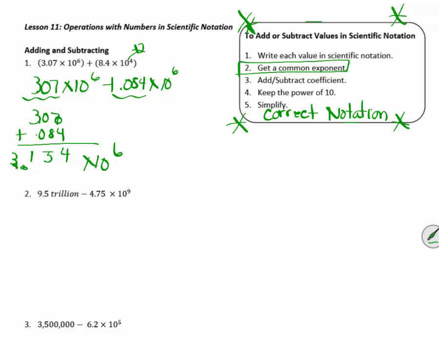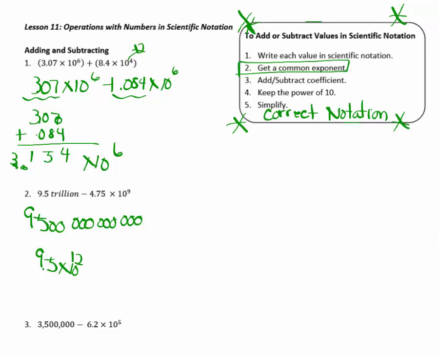All right, for number 2, 9.5 trillion. So I have to start by putting that into scientific notation. So 9.5 trillion looks like this. So written in scientific notation, that's going to be 9.5 times 10 to the 12th power.